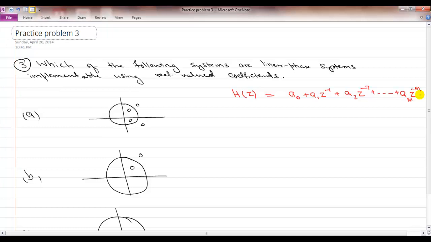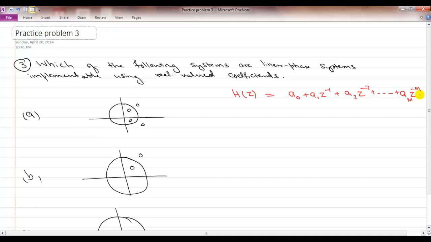Sometimes you will see FIR filters written as numerator and denominator polynomials, but what really happens is there is a pole zero cancellation. The thing that distinguishes an FIR filter from an IIR filter in the pole zero diagram is that an FIR filter has no pole other than at z equal to 0 or z equal to infinity. So it has no non-trivial pole.